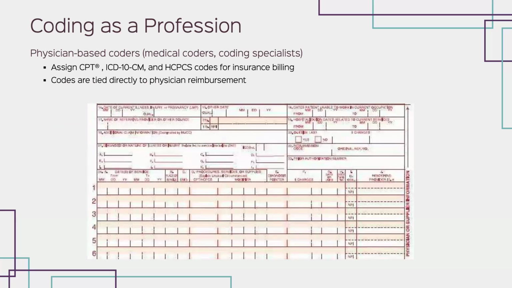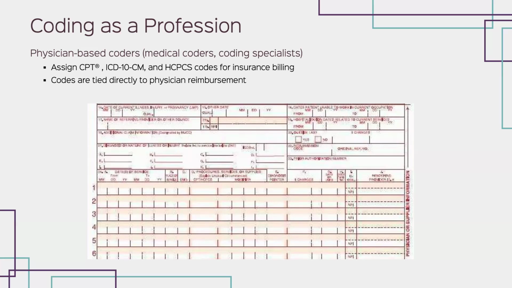So those who specialize in coding are going to be called medical coders or coding specialists. Medical coders will assign a code to each diagnosis and procedure by using a classification system. Your coders can use several different reimbursement systems, such as those that are required for ambulatory settings, physicians' offices, or your long-term care.